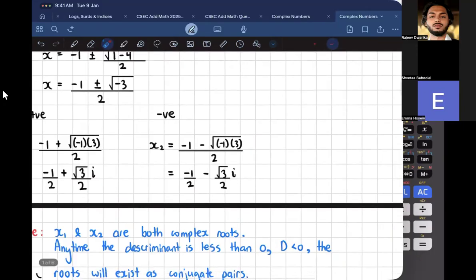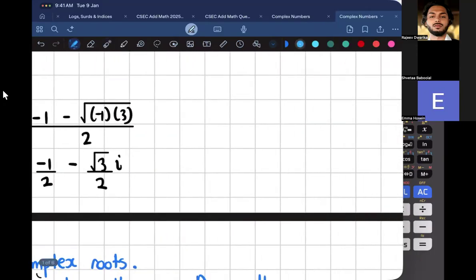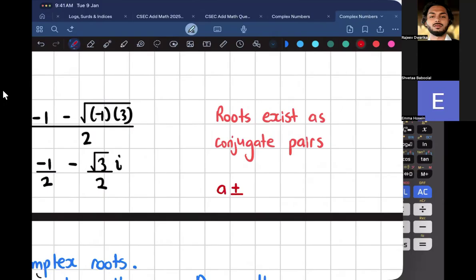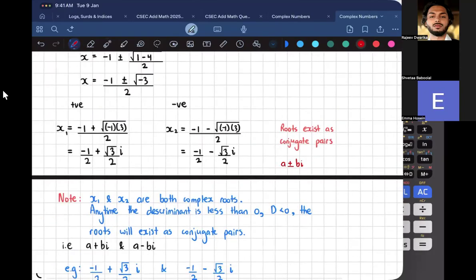So if the only difference is the sign in the middle, then the roots exist as conjugate pairs. In other words, that just means it would be in the form a plus or minus bi.